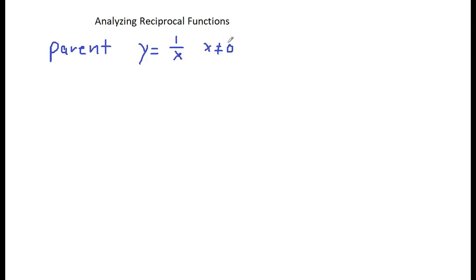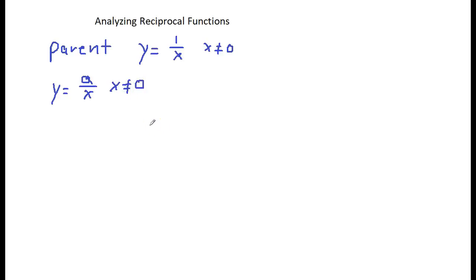Okay. Now, the basic function that we're going to look at is this: y equals, we're going to say some number a over x. That's where a could be other values besides 1. Now this has the same restriction. x cannot equal 0. Why?